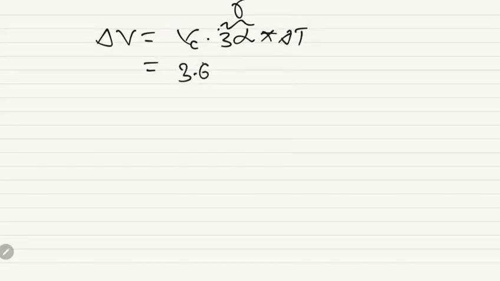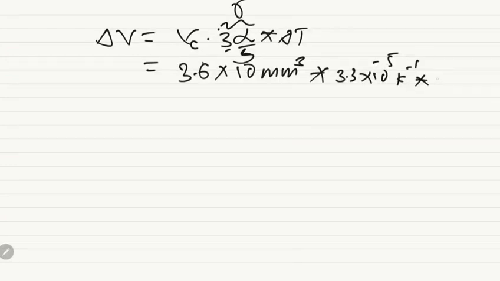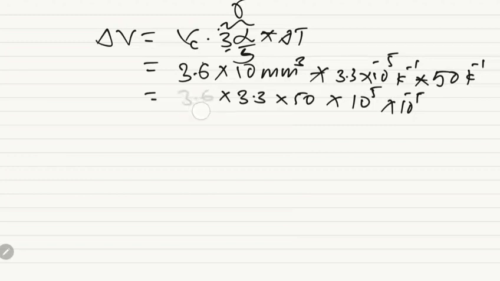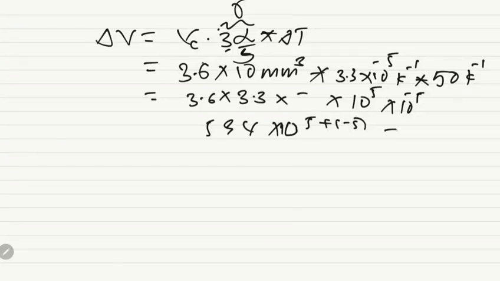So this is 3.6 times 10 to the power of 5 millimeters cubed times 3.3 times 10 to the power of minus 5 K to the power of minus 1, times the change in temperature, 50 K. So this is equal to the product 3.6 times 3.3 times 50, which is 594, times 10 to the power of 5 plus minus 5. So this is 594 millimeters cubed.